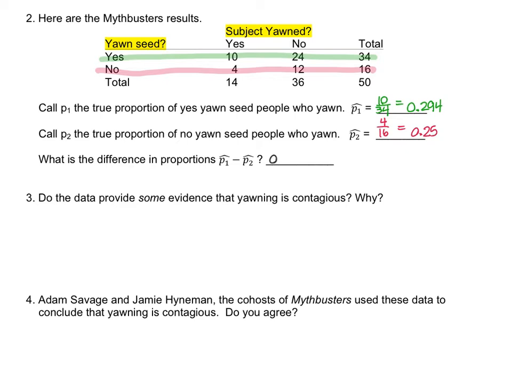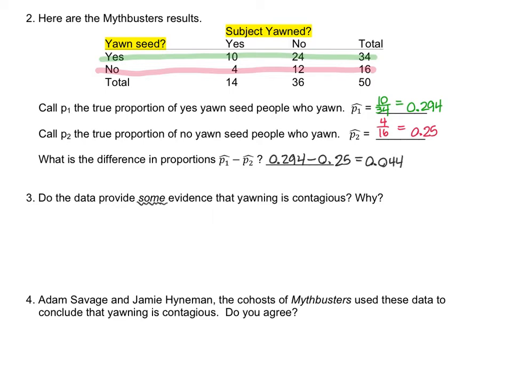That means we'll be able to get a positive result if we are in fact correct. So it's going to be 0.294 minus 0.25, giving us a difference of 0.044.